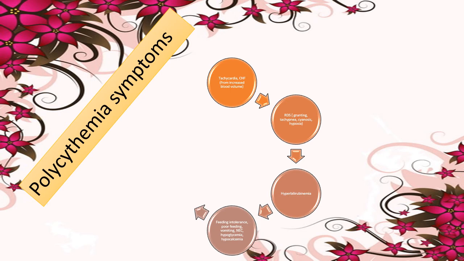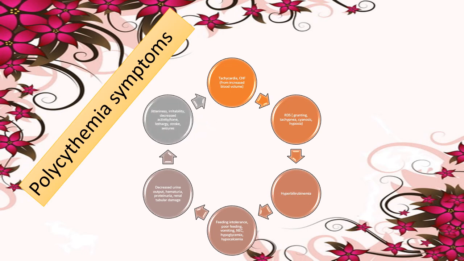Feeding intolerance, poor feeding, vomiting, necrotizing colitis, hypoglycemia, hypocalcemia. Decreased urine output, hematuria, proteinuria, and renal tubular damage. Then we have jitteriness, irritability, decreased activity or tone, lethargy, stroke, and/or seizures.